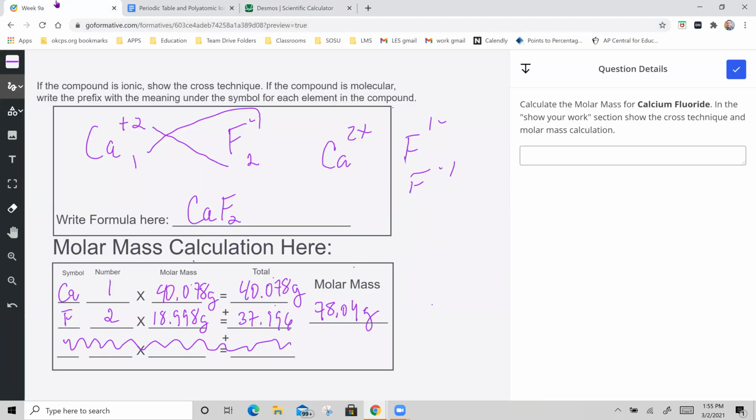Let me change it, 78.074 grams. All right, and then all I would do is plug that in over here, 78.074, and make sure you put your grams as your unit. And that's all you're doing for calculating molar mass.